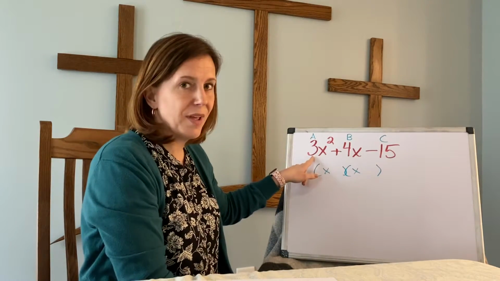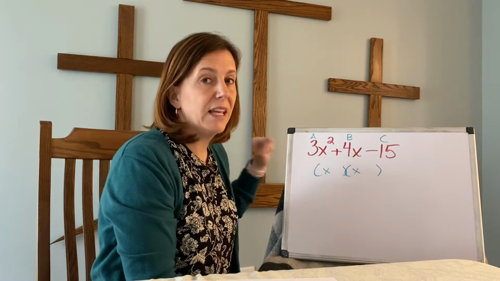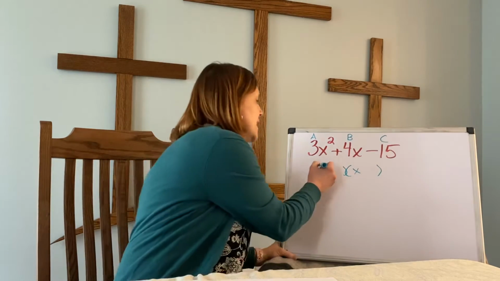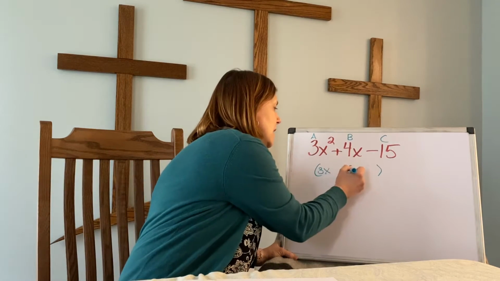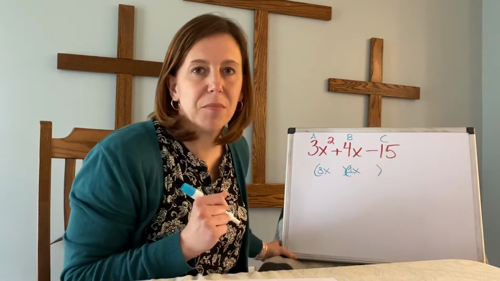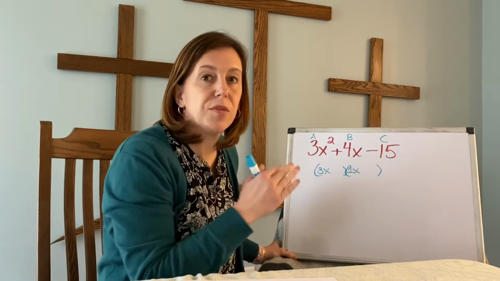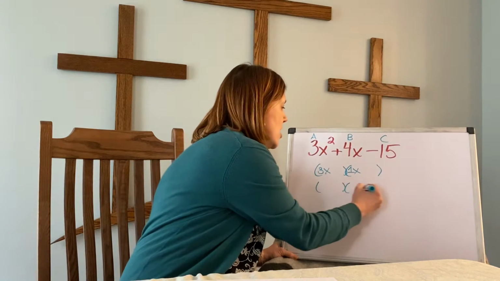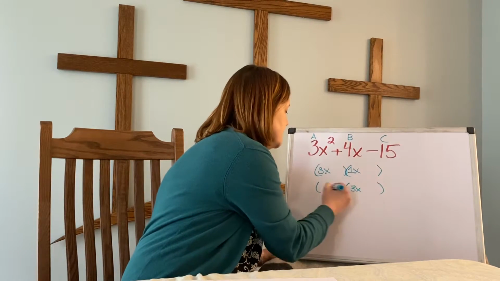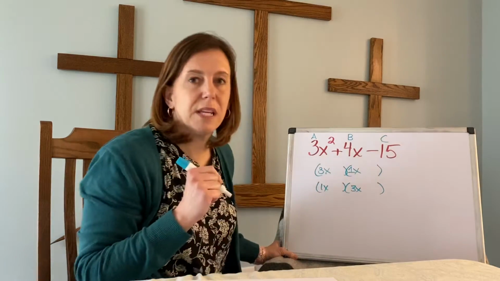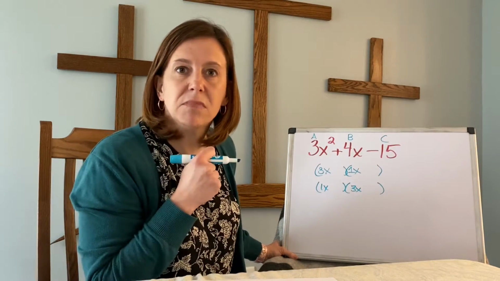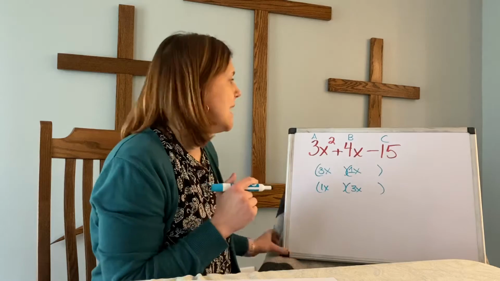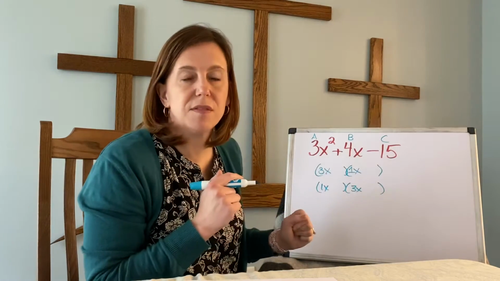But if I throw in a lead coefficient other than 1, at least in this case, it's a prime number. So I know my only options are 3x and 1x. But because there are 2 different positions, it opens up the possibility that it's this setup. Well, that's not even taking into account my last term being negative 15.